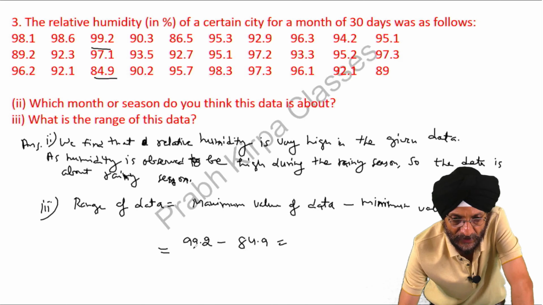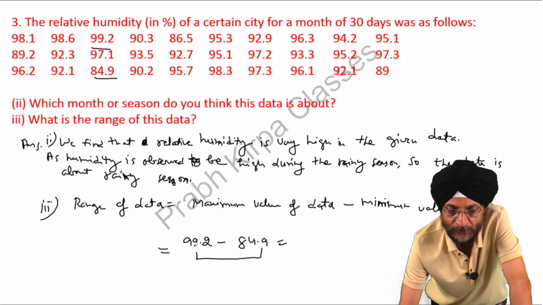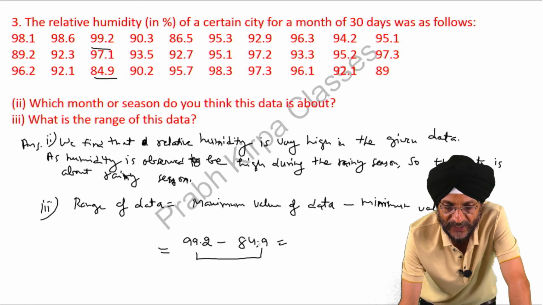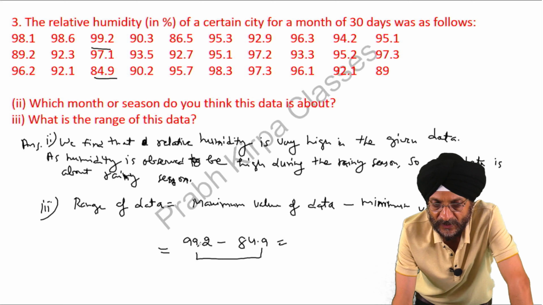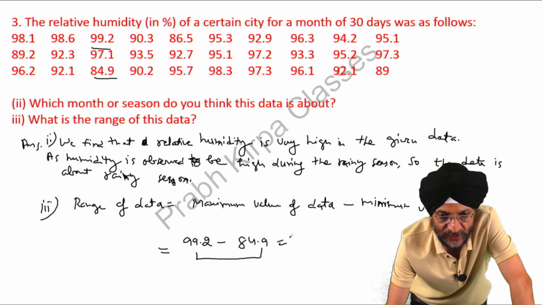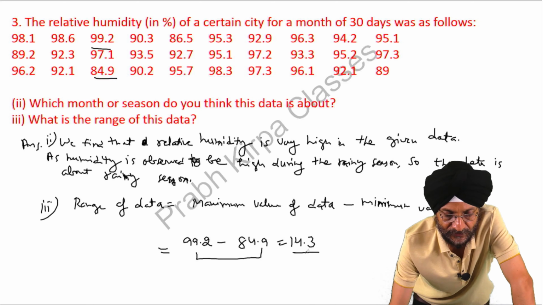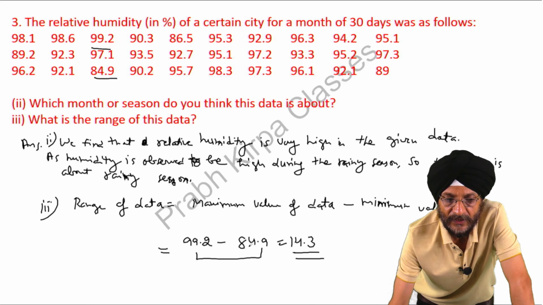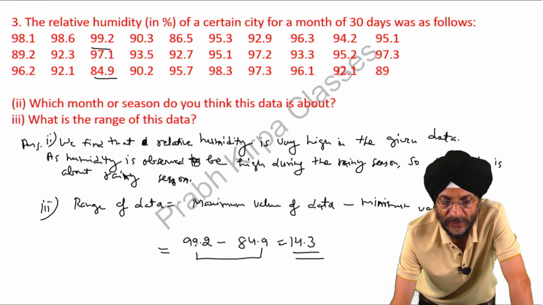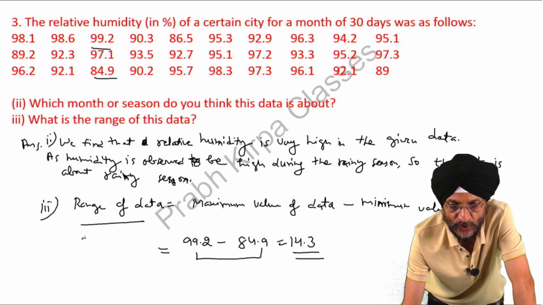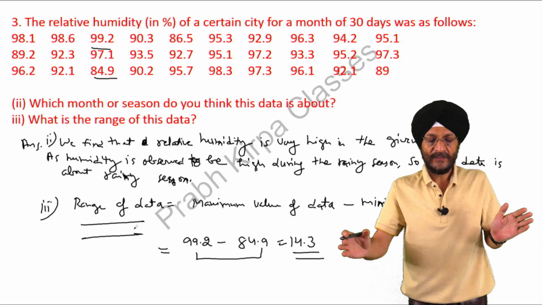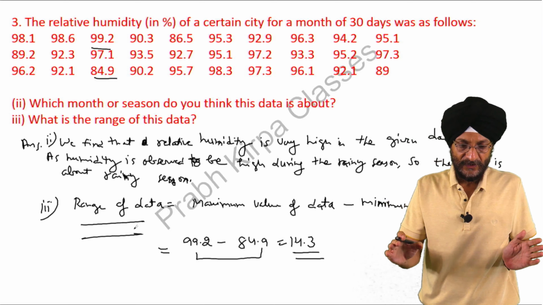So the range of the data is obtained by deducting 84.9 from 99.2, which is 14.3. So this is the range of the data.